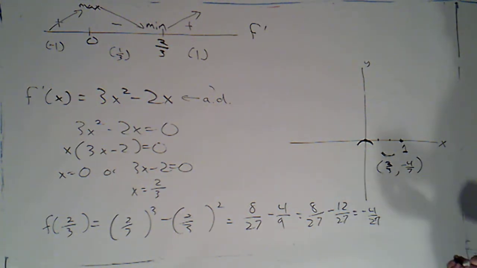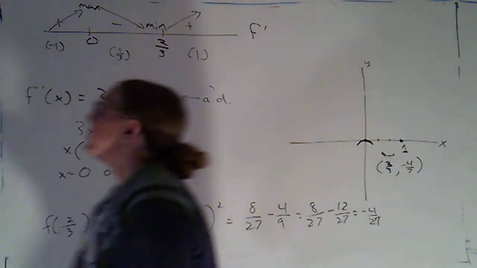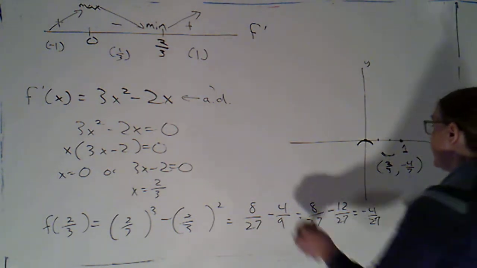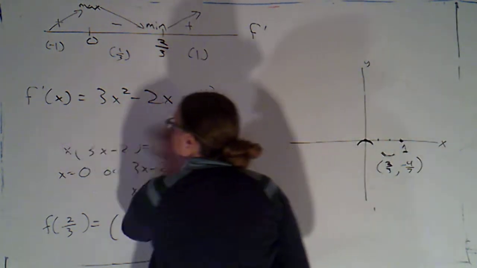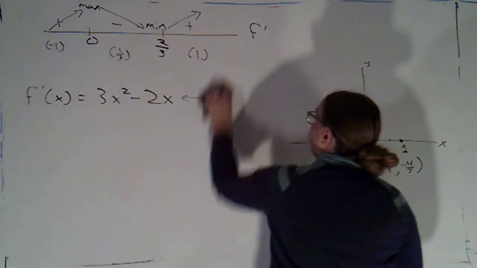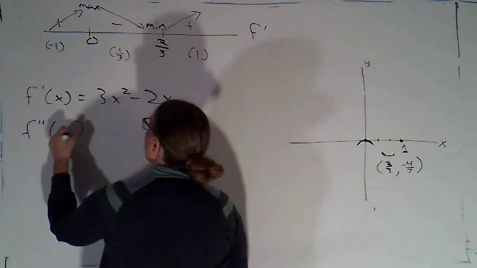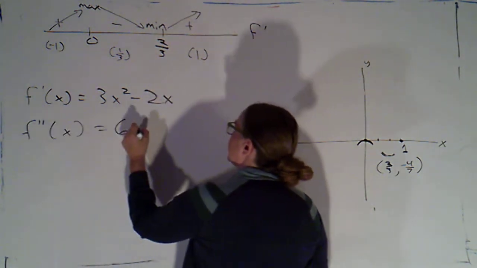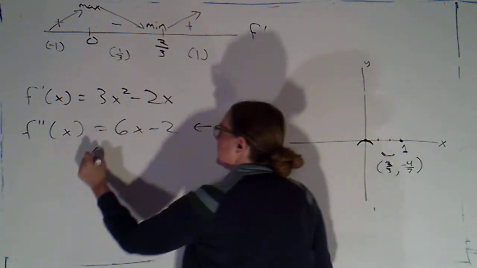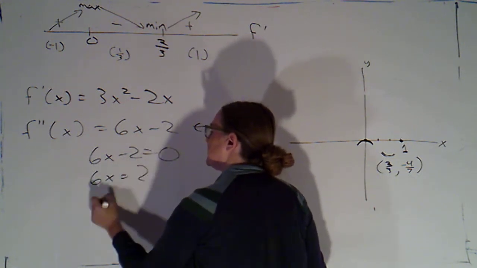Okay. Excellent. So now I want to try to find the points of inflection, and in doing that I'll find the intervals where things are concave up and concave down. Okay, so if this was f prime, f double prime of x is just 6x minus 2. That's also always defined. 6x minus 2 equals 0 would be when 6x equals 2.